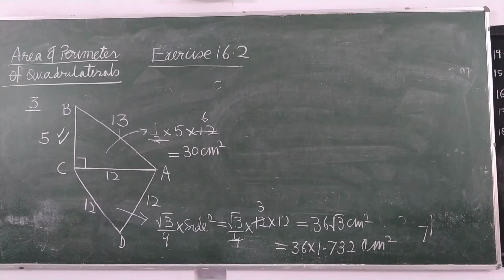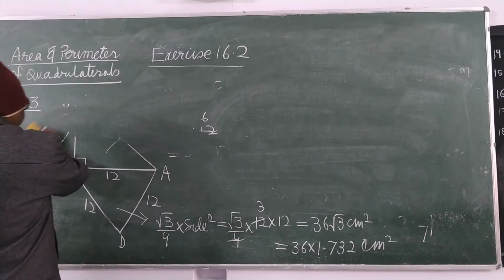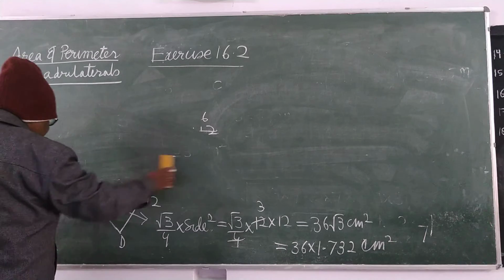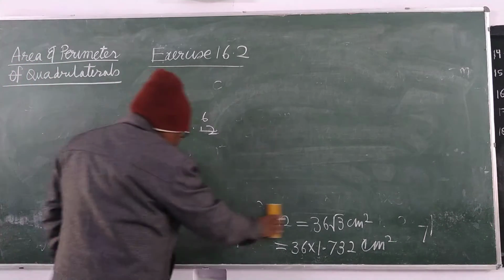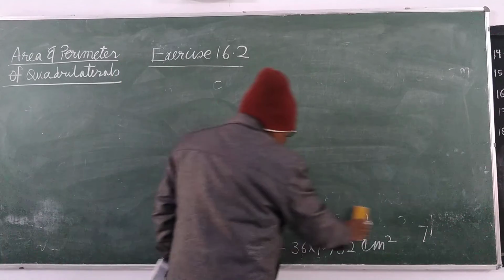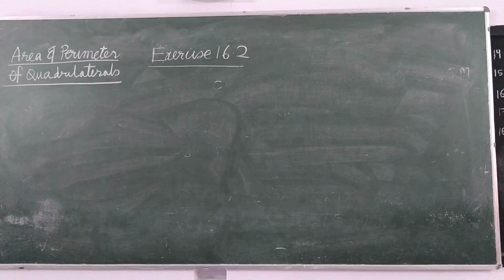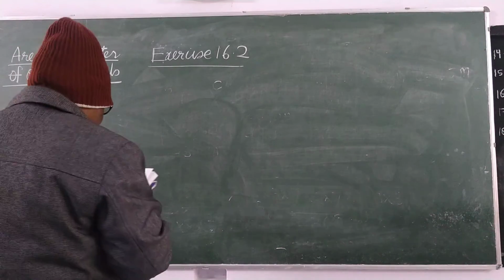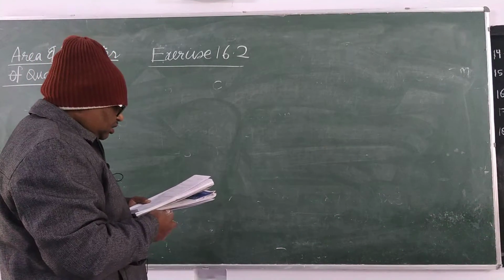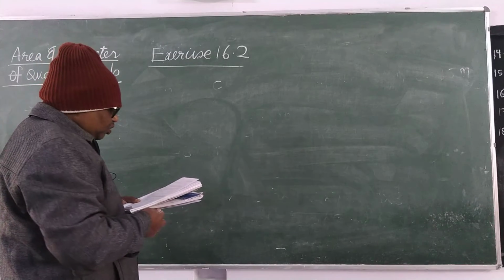Now I am going to do question number 4. Question number 4, you can see, find the area of the quadrilateral in which angle B equals 90 degrees.